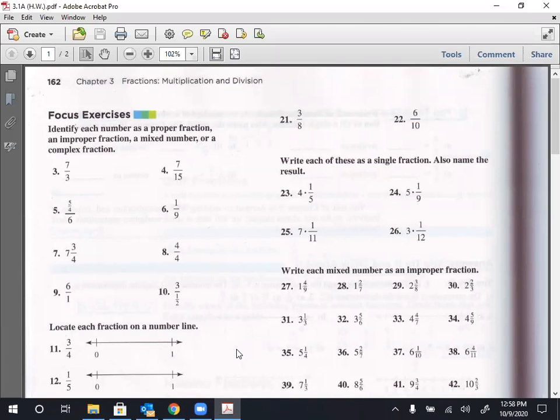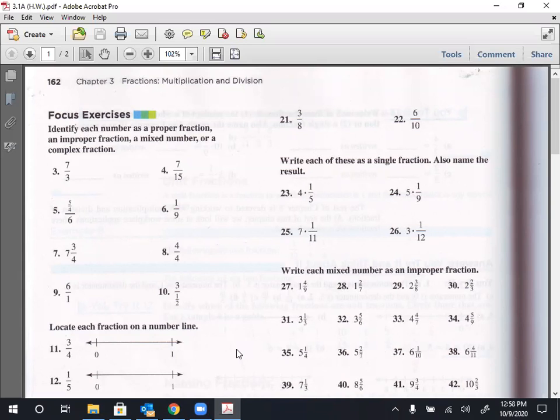This actually is easier than it sounds, because what you're going to do is this. You're going to say, 3/8 is equal to, we're going to use a whole number, and for the whole number, we're going to use the top.